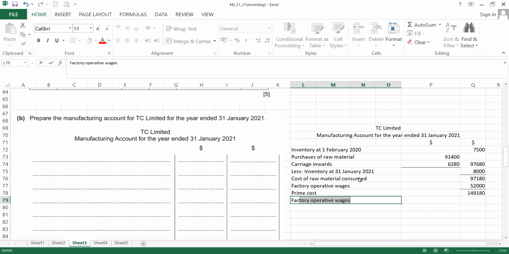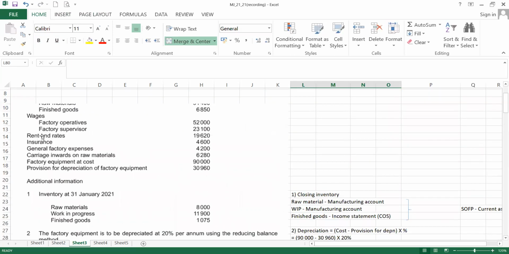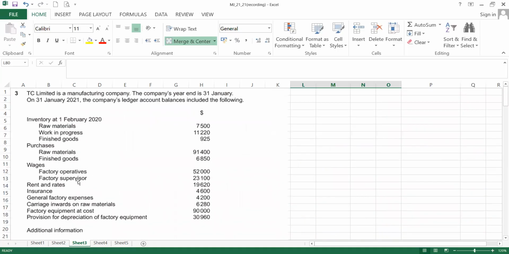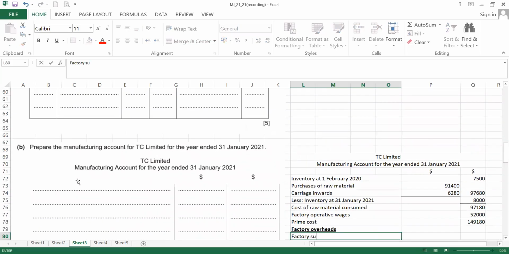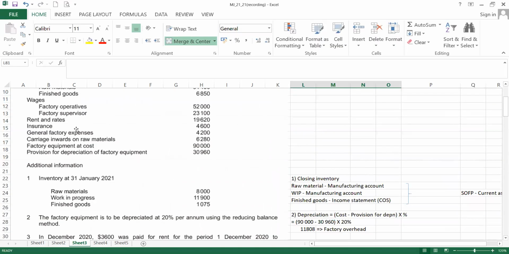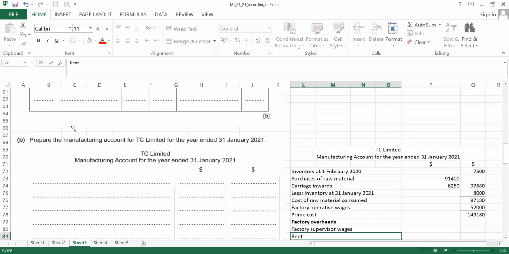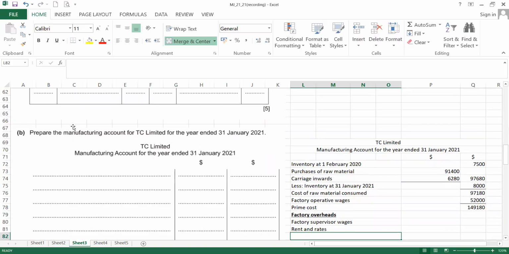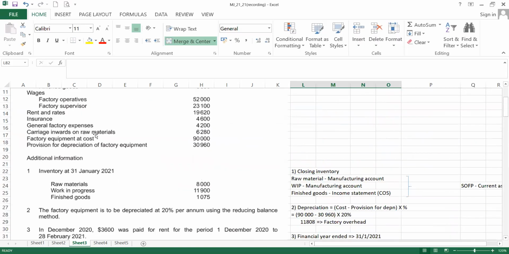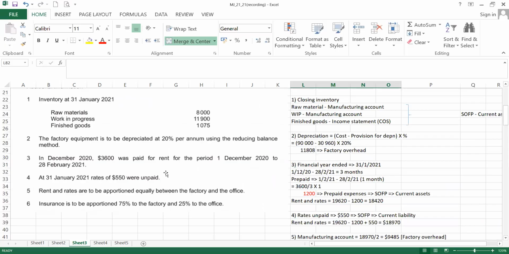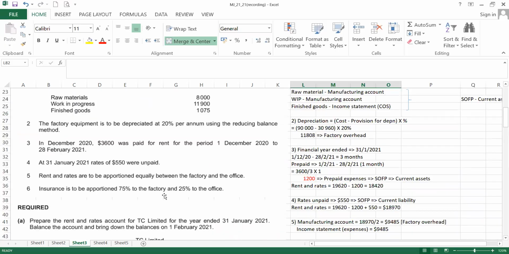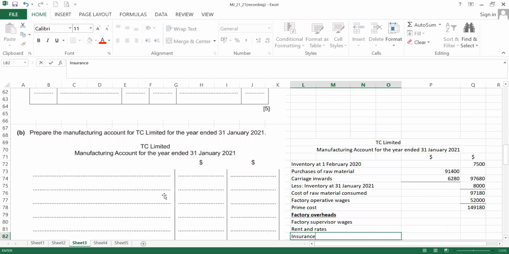Take note of it. Now the next one, factory overhead. So what is the factory overhead that we have in this question? This is a header. Let's see one by one. Factory supervisor wages, this is one of them. And then rent and rates, which we have calculated. And then insurance, to be apportioned, so insurance also has to be calculated.